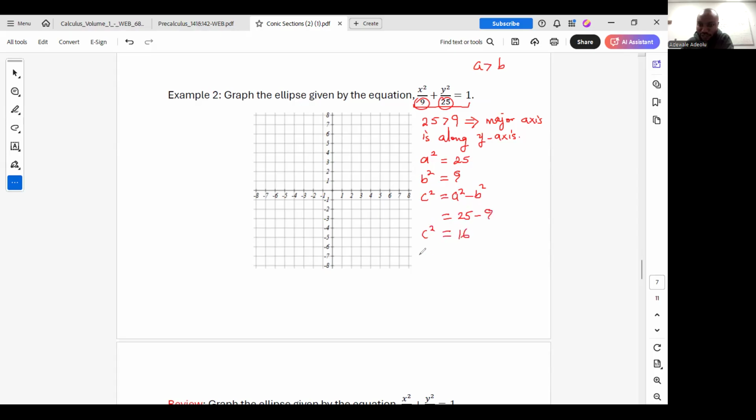So c squared is 16, which implies that c is plus or minus 4. Now, what does that help us to find? Now we know the vertices. Remember, it is along y. So that is 0, comma, and a squared is 25, so a is plus or minus 5. Remember, vertices give us 0, comma, plus or minus a.